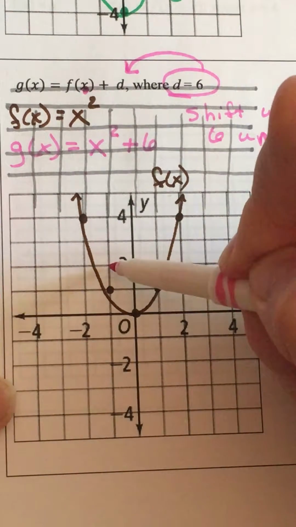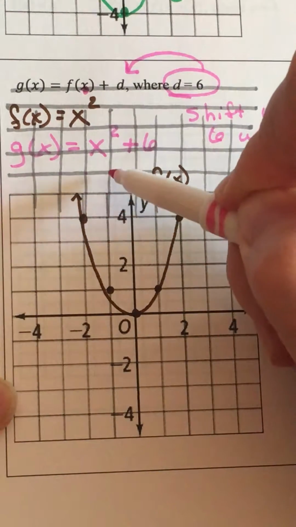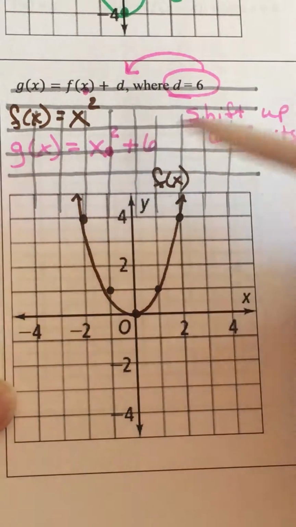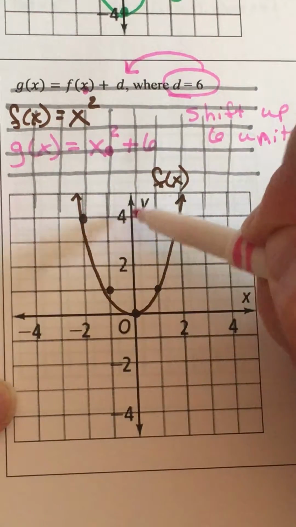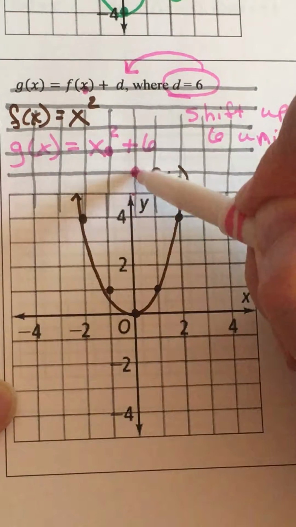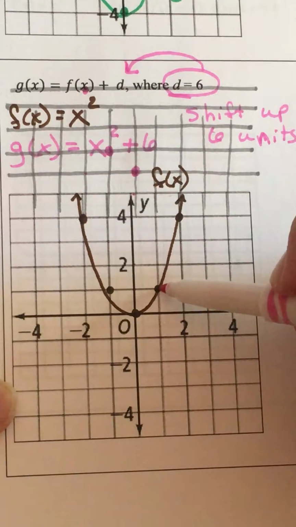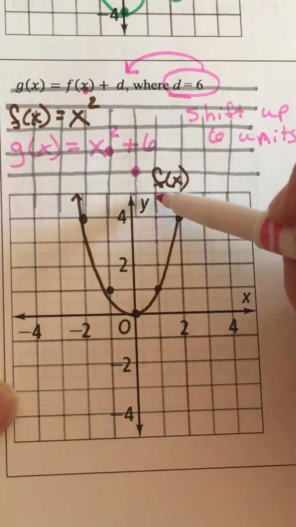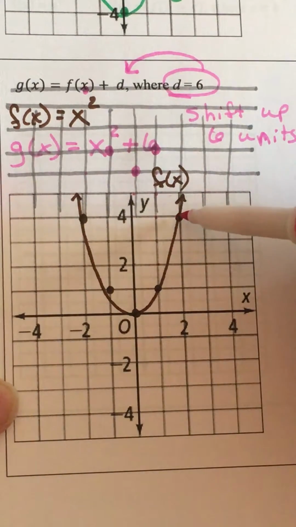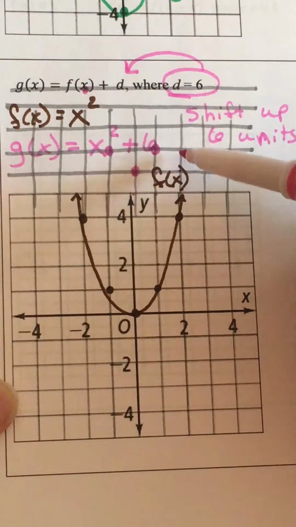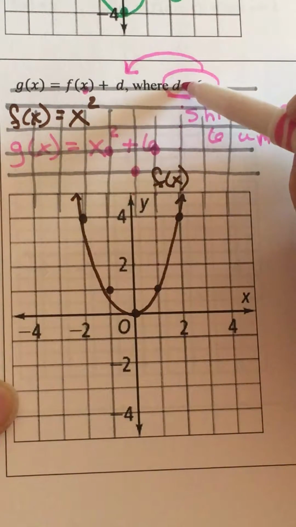Second point, 1, 2, 3, 4, 5, 6. Third point, 1, 2, 3, 4, 5, 6. Fourth point, 1, 2, 3, 4, 5, 6. And our fifth and final point, 1, 2, 3, 4, 5, 6.